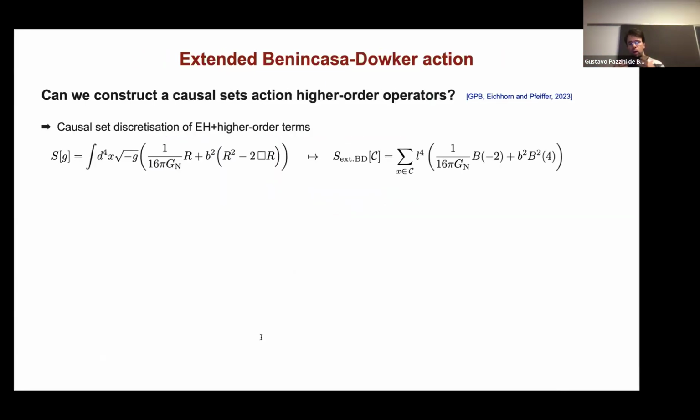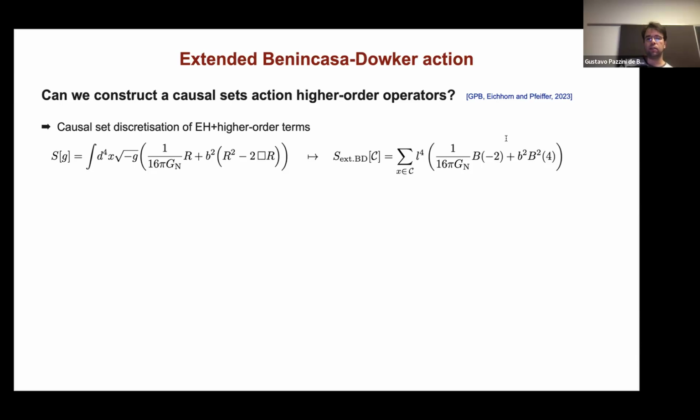Well, once we have now a generalization, so we have something like R square, or actually R square minus something else, now we can construct an extended Beni-Casadolker action. And the idea is that the extended Beni-Casadolker that we can construct is essentially a discretization of this Einstein-Hilbert plus high order terms action. So I have the Einstein-Hilbert term plus a curvature square minus a boundary term in here.